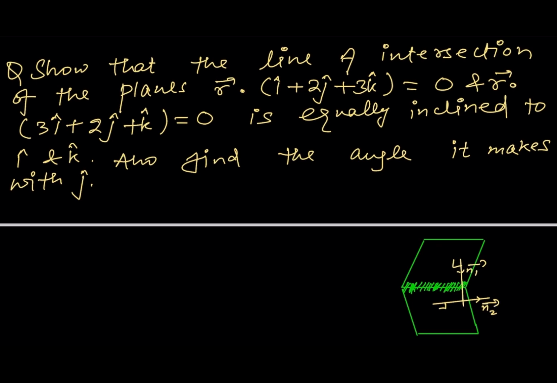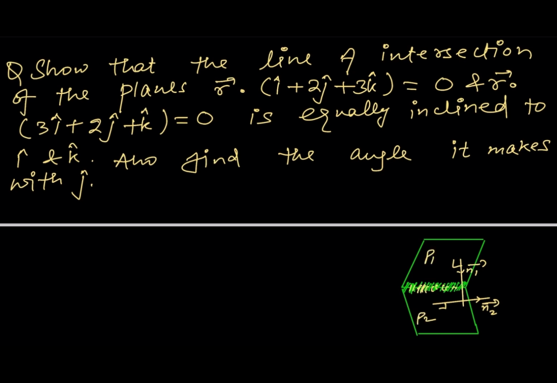So the cross product of these two normals will be the vector parallel to this line. Okay, you can imagine this situation now. If I am taking the cross product of n1 and n2, then the new vector will be parallel to this line, which is the intersection of plane 1 and plane 2, right? This is plane 1 and this is plane 2.